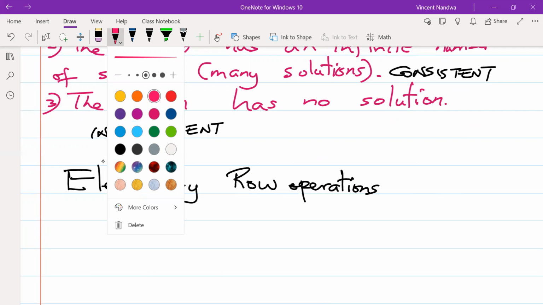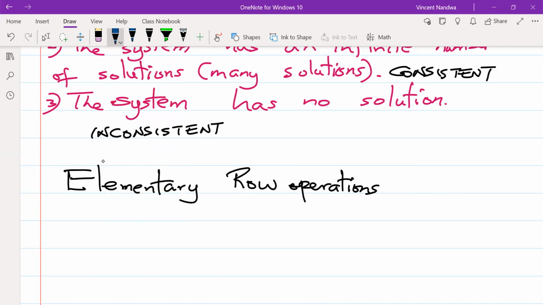So I'll state them, and then thereafter we'll see how to apply them to a specific case. So one, we can interchange, listing elementary operations with respect to a system of equations, but the same things will be applied when you are referring to simply a matrix.